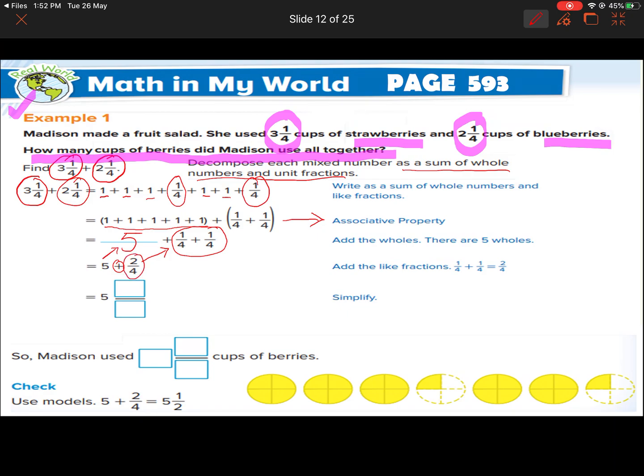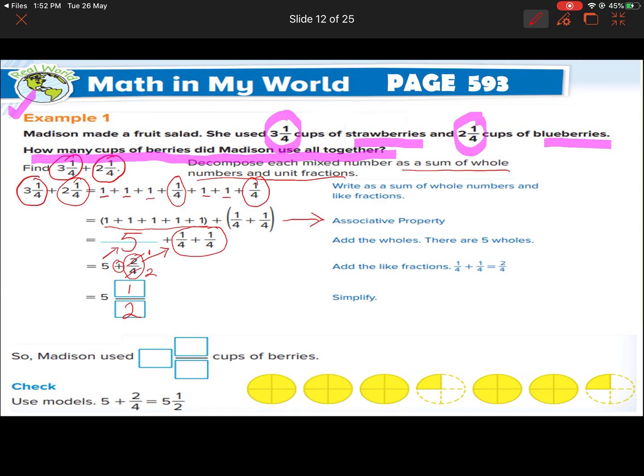Now to simplify 2/4, we will see what the GCF of 2 and 4 is. The GCF of 2 and 4 is 2. So we can divide 2 and 4 by 2. What will we get? 2 divided by 2 gives you 1 and 4 divided by 2 gives you 2, which is half. So the simplest form of 2/4 is half. So 5 and a half is our answer.